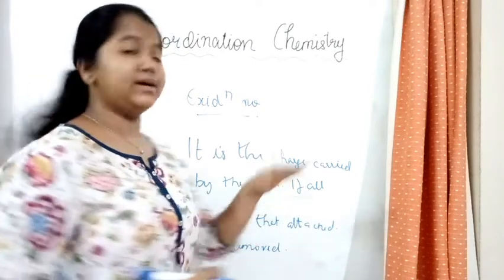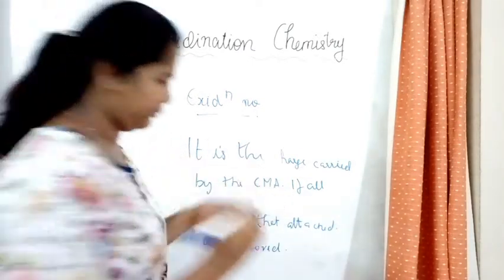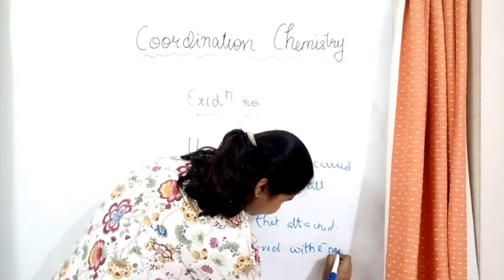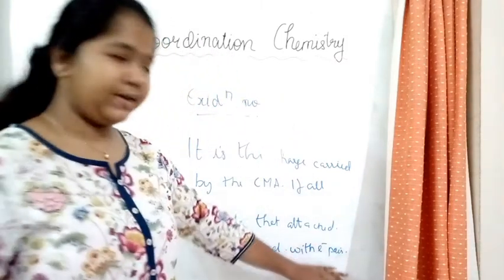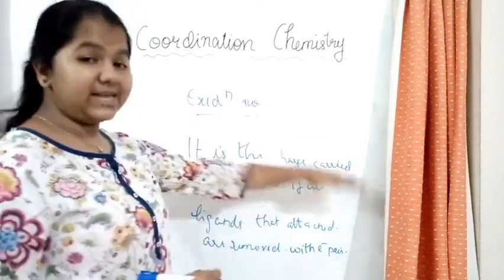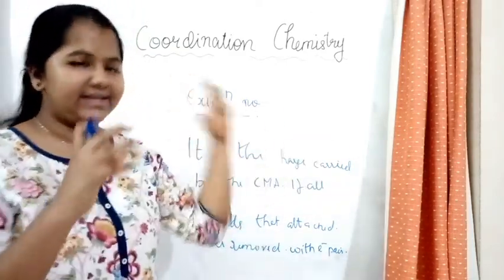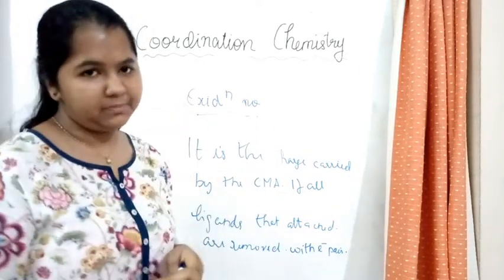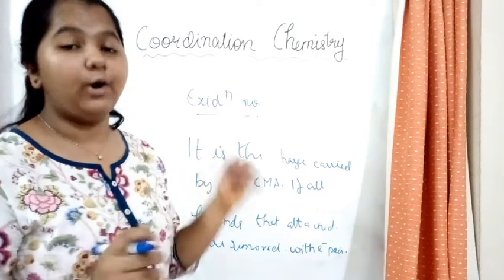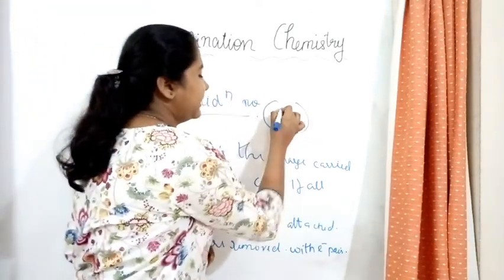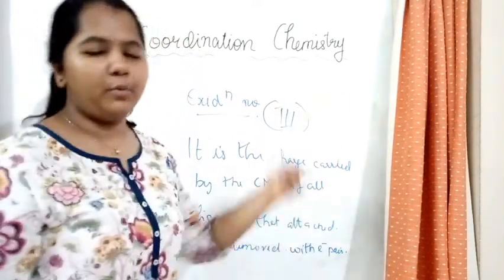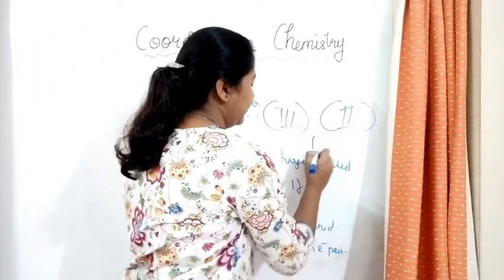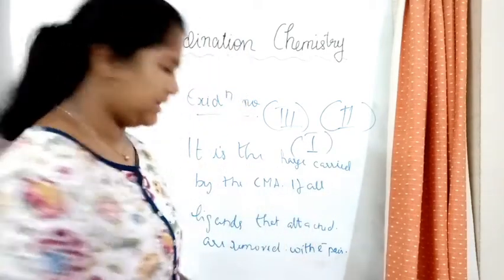When these ligands are removed, they are removed with their electron pairs. That charge carried by the central metal atom when the ligands are removed with their electron pairs is known as the oxidation number. This oxidation number is always written in small brackets with a Roman numeral. It can be like this, it can be like this. Let's see a few examples.